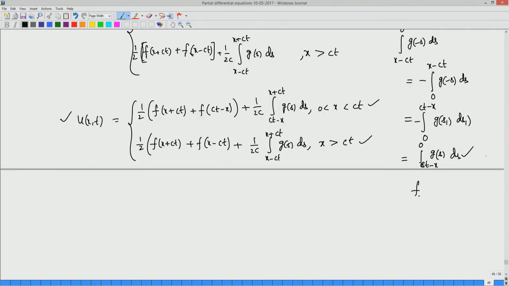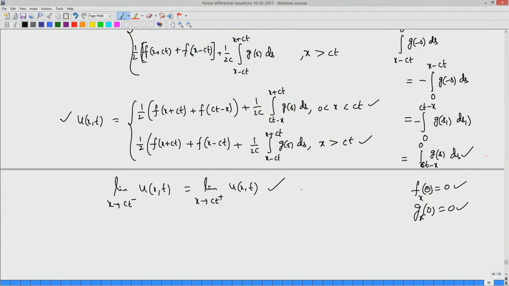Automatically f of x at 0 is 0 satisfied, and g of x is also satisfied. These two conditions are satisfied if you just equate u on both sides, take the limit like earlier, u of x, t, as x goes to ct plus, here x goes to ct minus.